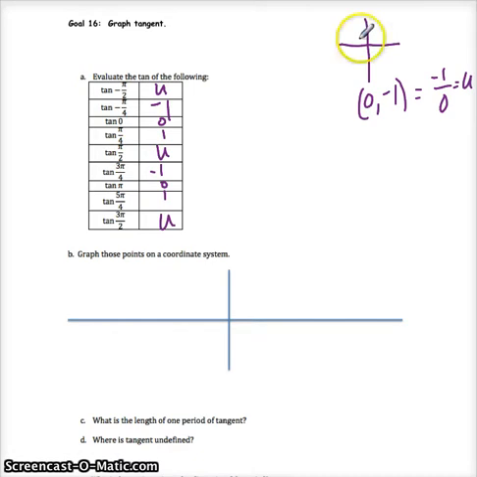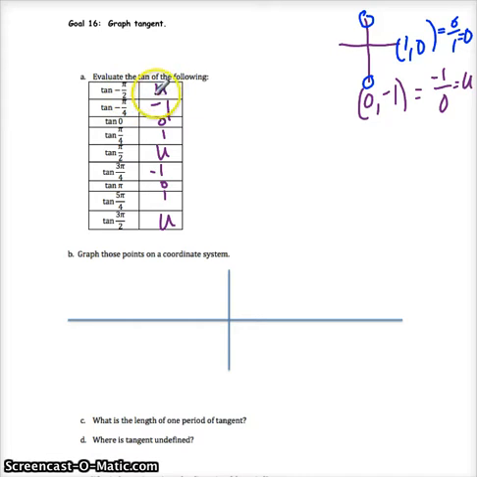So tangent is always undefined where x is equal to 0. Tangent at negative pi over 4, 3 pi over 4, and 5 pi over 4 is either 1 or negative 1, depending on the quadrant. And the tangent of 0 and pi is 0. Remember, the ordered pair at 0 is (1, 0). So tangent is 0 divided by 1, which is 0.